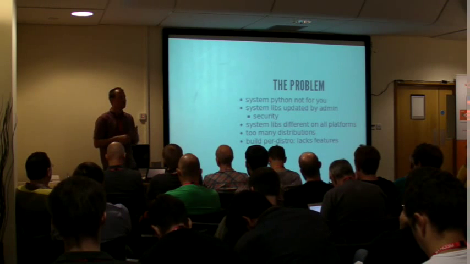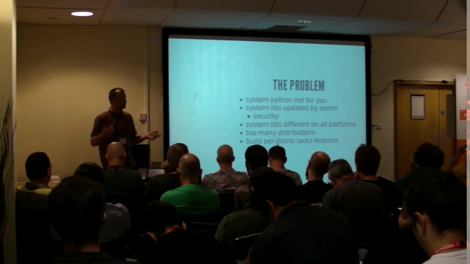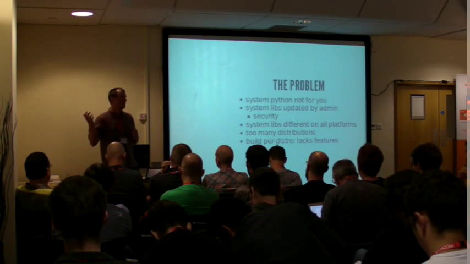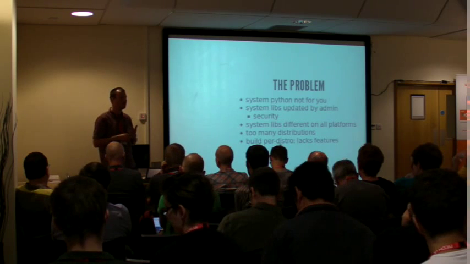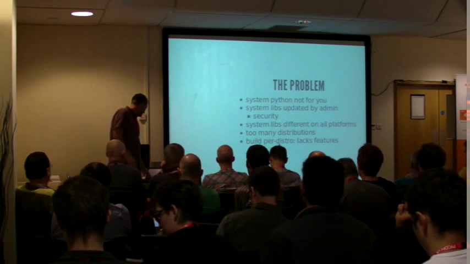So you do eventually run into trouble there as well. Another thing you end up doing is dealing with random old libraries that are slightly different as well. So there's a lot of pain there.